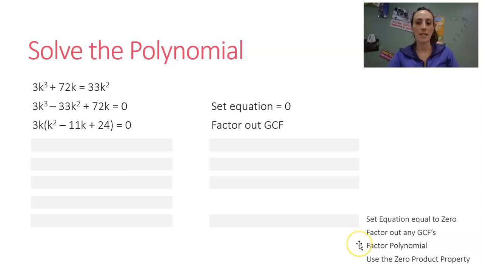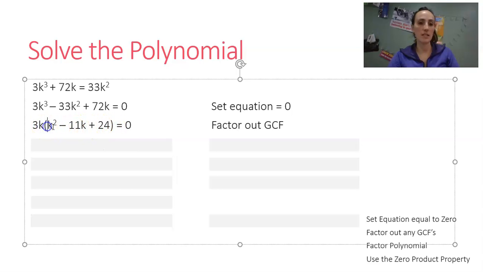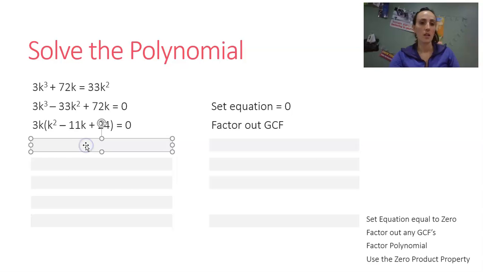From here, I need to factor my polynomial. So I have my GCF out front. I'm going to leave that out front. I'm going to then factor the polynomial that I have inside my parentheses. I know that I have a negative and then a positive sign, so I know that when I do my factoring inside my two sets of parentheses, I'm going to have two negatives.